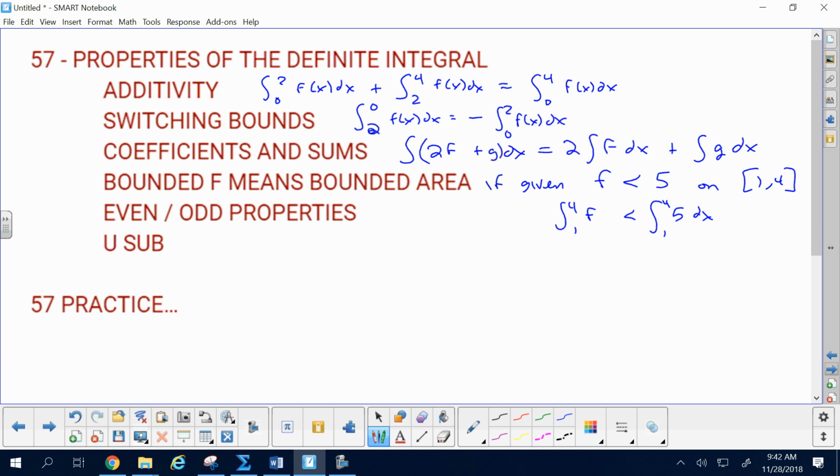Now, the area under 5 is nothing more than a rectangle, right? The integral from 1 to 4 under 5 is just the area of a rectangle from 1 to 4, height 5. This would imply then that the integral from 1 to 4 of f must be less than what?